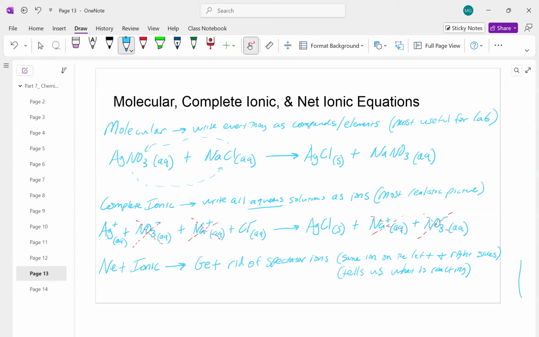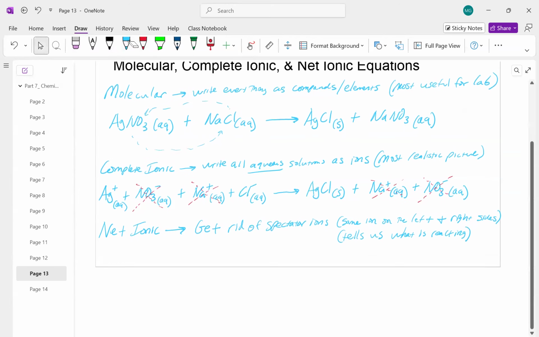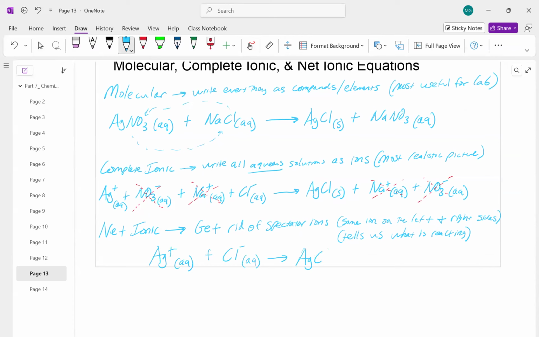So my net ionic equation is just writing everything that's left. I have silver ions and chloride ions, and that makes the precipitate of silver chloride. This is what we call our net ionic equation. We get rid of the spectator ions. They don't really matter. They're just floating around watching this game of silver ions reacting with chloride ions to make silver chloride.